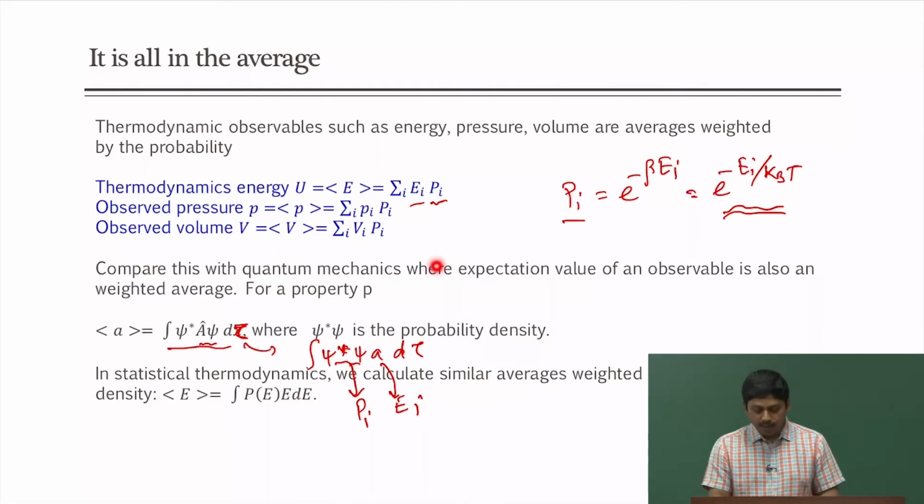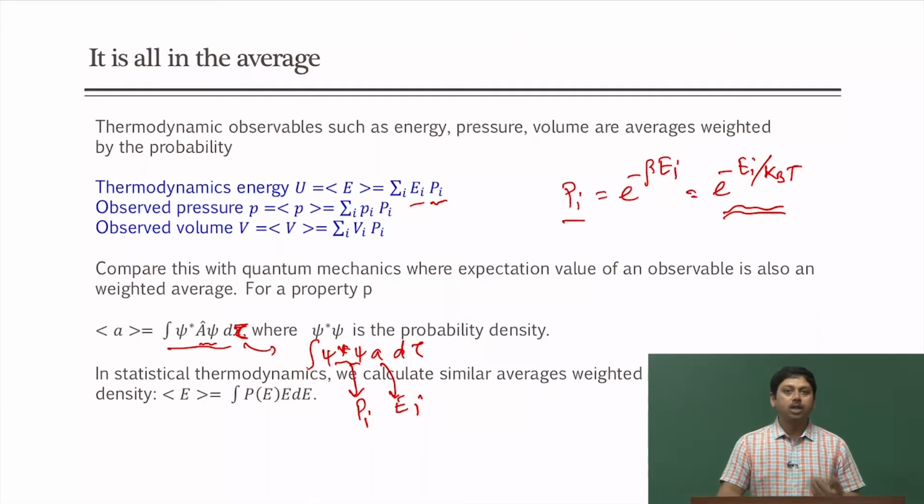That is why, and since the statistical thermodynamics came before quantum mechanics, remember it started from 1872 by Boltzmann, and quantum mechanics came around 1925. So, since the statistical thermodynamics came before, this probability used to be called the new probability. The idea behind both of them essentially is the same, that we only observe the average value.